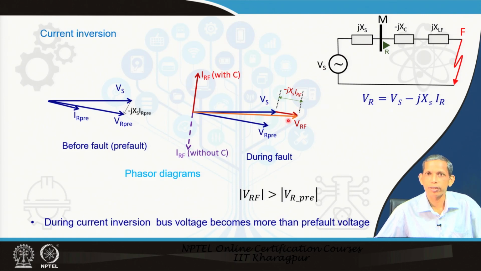But now we see a larger voltage, and the reason is current inversion. The voltage becomes more than the pre-fault voltage, and the current is now leading even though the fault is forward, which is the difference. Earlier, without the capacitor, the current would be lagging the voltage by almost 90 degrees.